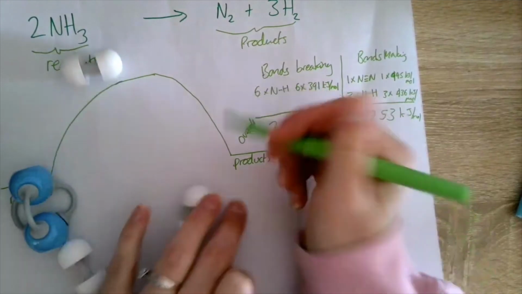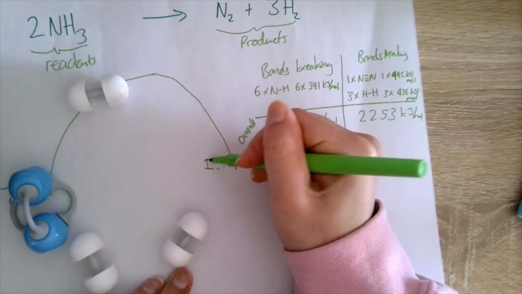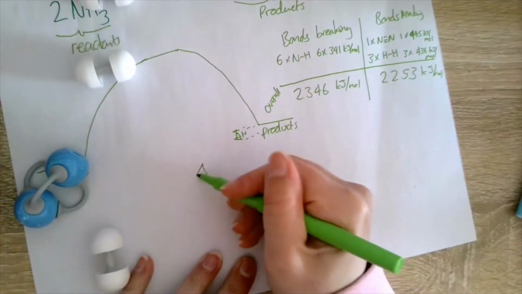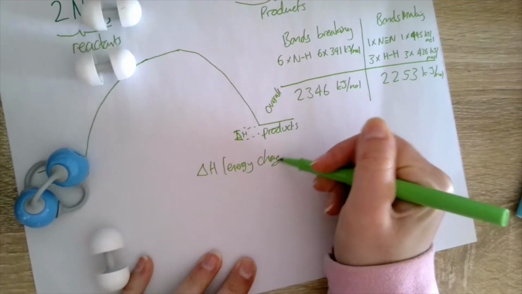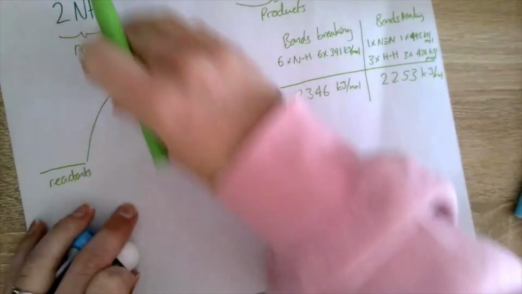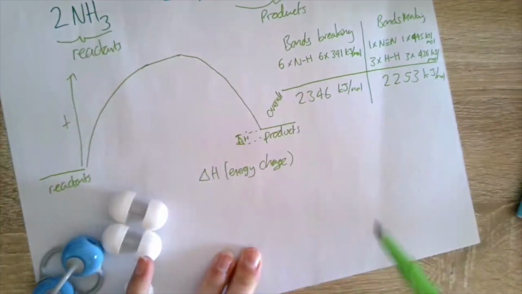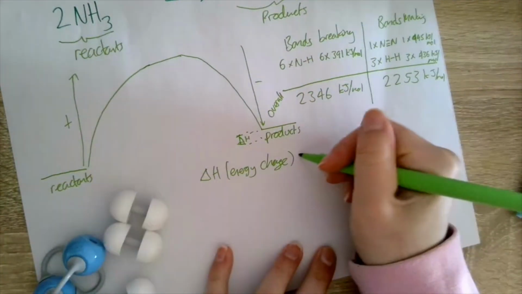And so now when we're looking for our delta H, our energy change, we're still adding our bonds breaking, and subtracting our bonds making.